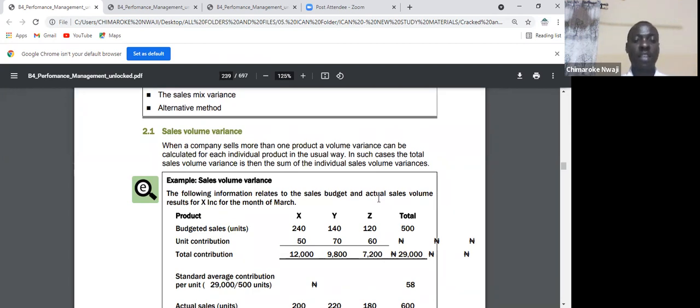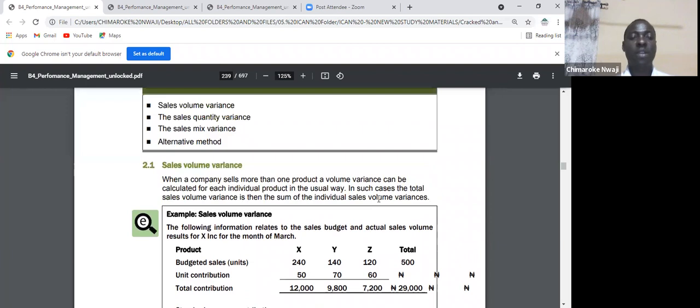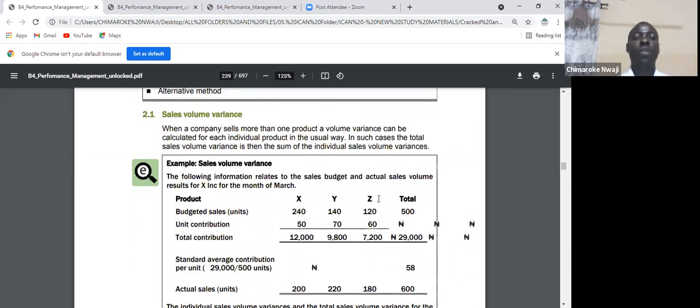Now it is the sales volume variance that looks the same way as material usage variance, so the sales volume variance can also have sales quantity and mix variance. When looking at more than one product, the total sales volume variance is the sum of the individual sales volume variances.